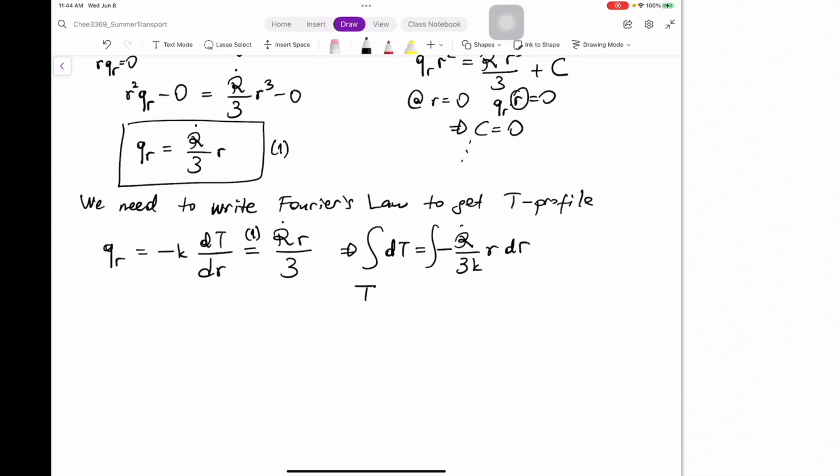And this is T is equal to, let's write it here. Temperature comes out to be equal to minus fancy R dot over 3K.